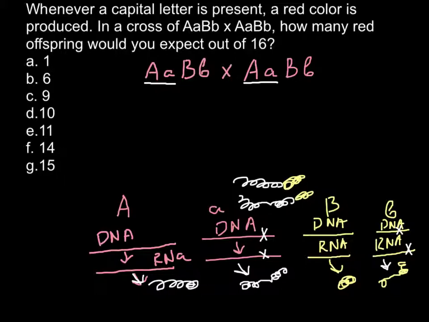And as you see, there are different combinations possible. For example, if we have capital A, and small b, no red protein would be produced because two alleles b would make a defective protein. And the same would be if we had small a, and for example capital B, small b.